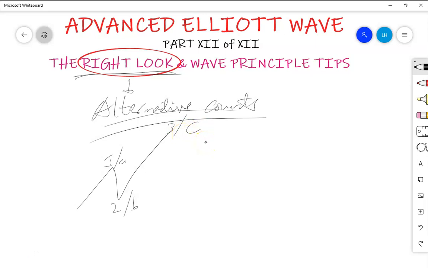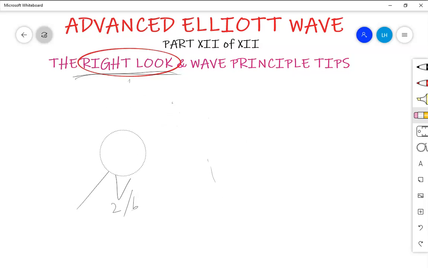So if this is the 3rd, we expect the 4th, 5th up. But when you find that the market doesn't go up, your C count will be correct if the market now goes straight down, and your 1, 2, 3, 4 count will now not be the preferred count. Your preferred count will be the ABC. So that's what we call the alternative count.